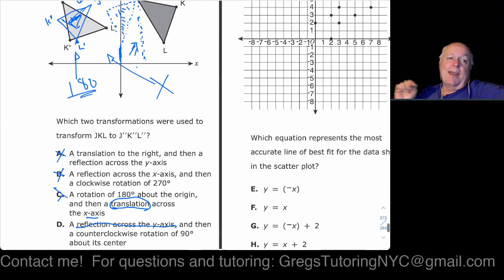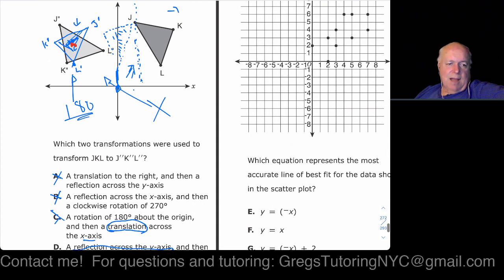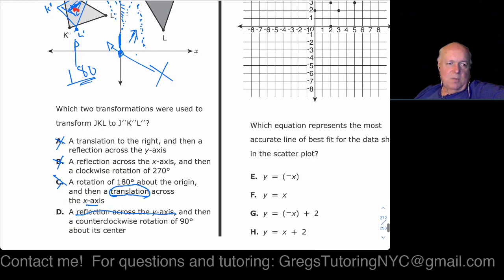And then it says a counterclockwise rotation of 90 degrees about its center. Its center is the triangle's center. That's not the origin. That's not 0, 0. So the center of the triangle, and let me make it red, and this is not exact, I'm just doing this by eyeball. The center of the triangle might be right there. So if it's rotated counterclockwise, that means this point is going to go this direction.